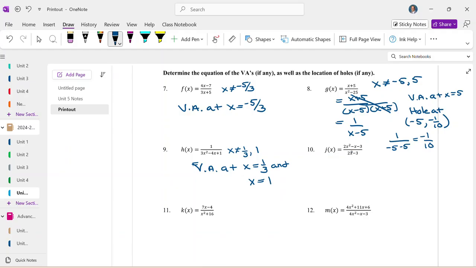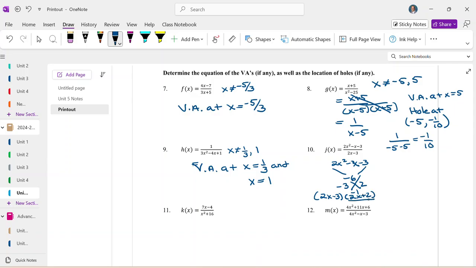So now for number 10 here, if I factor the numerator, so 2x squared minus x minus 3, that factors, the factors of -6 that add to -1 are -3 and +2. So you get 2x minus 3, 2x plus 2.